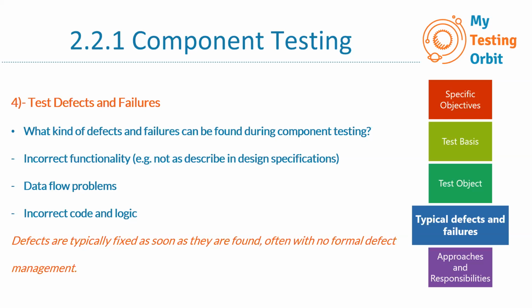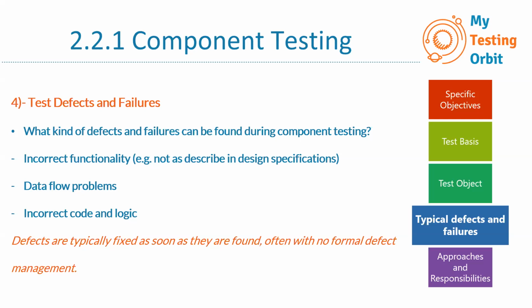Usually when we are talking about testing which testers do, we always come up with a defect management system where we report the bugs, and then the developer who built that code fixes those bugs and we retest it. But when we talk about component testing, the developer who is developing the component is also doing the component testing.